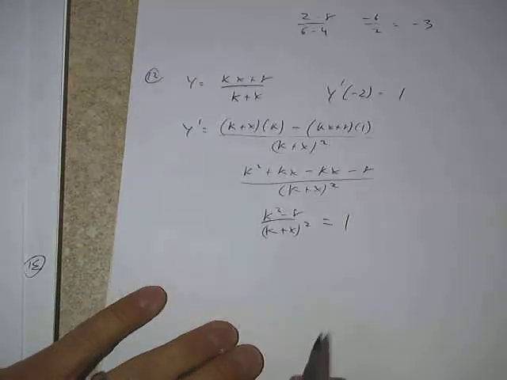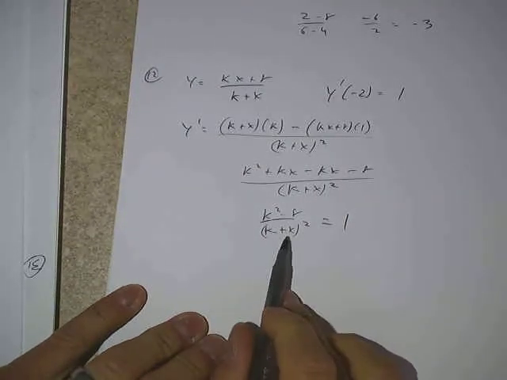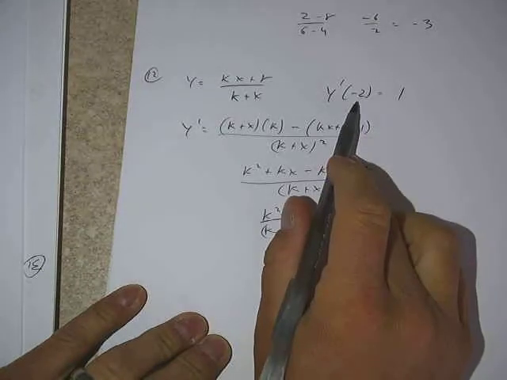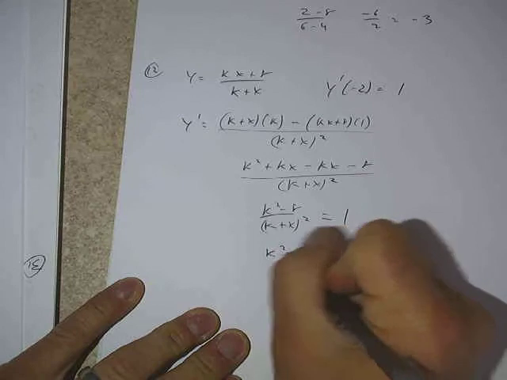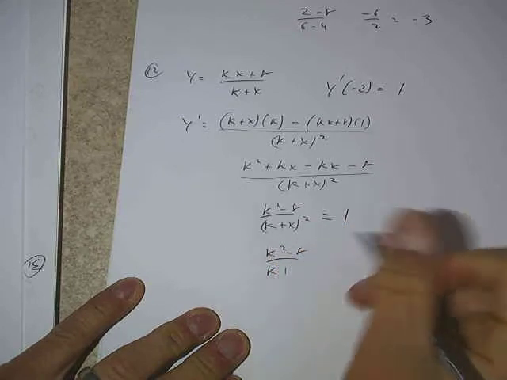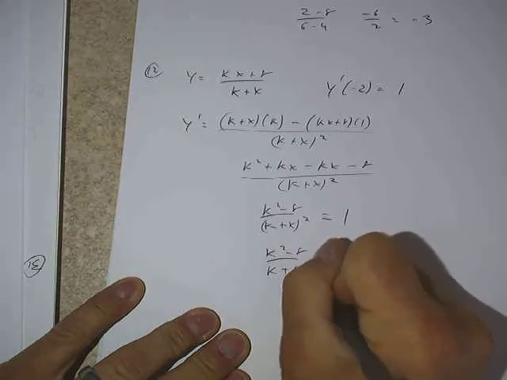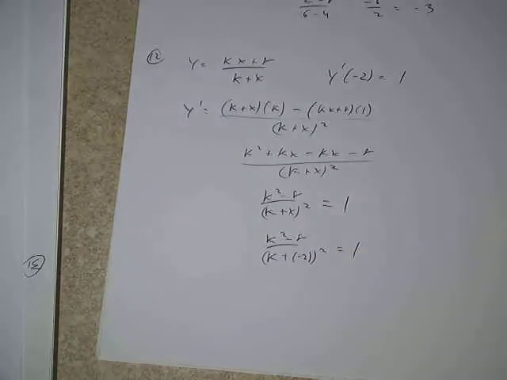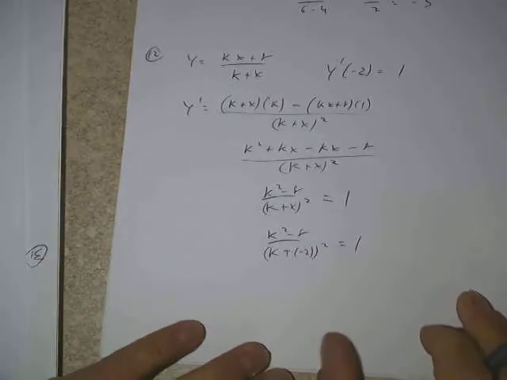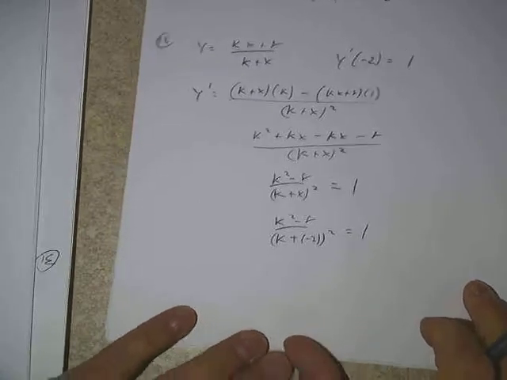And so on the top we'd get k squared plus kx, and then minus kx minus 8, all over k plus x all squared. And notice that the kx's will cancel out on top, so we'll be left with k squared minus 8 over k plus x all squared.